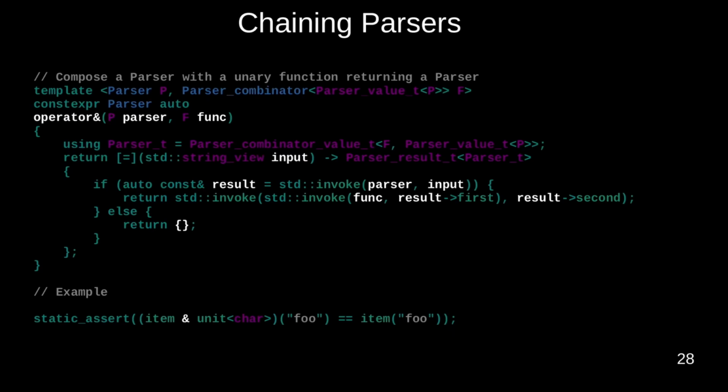Item would parse, we have foo as input, item would parse the f, which gets passed in to unit of char, which just gives you the parser that gives you the f back again. And then we parse with that, so we get the f. So actually putting unit of char here on the right side has no effect.